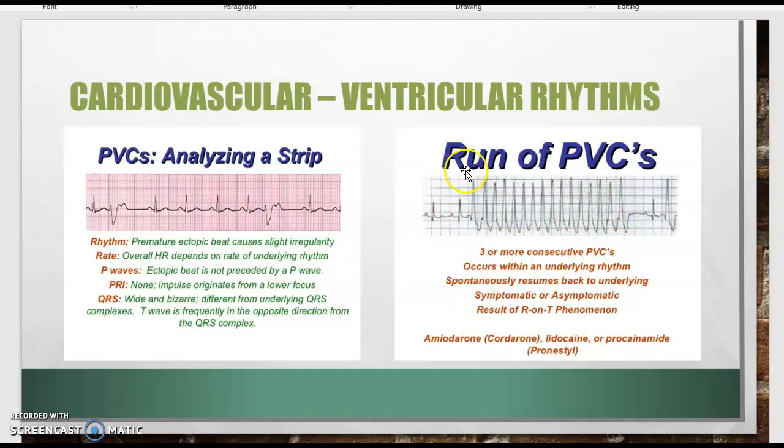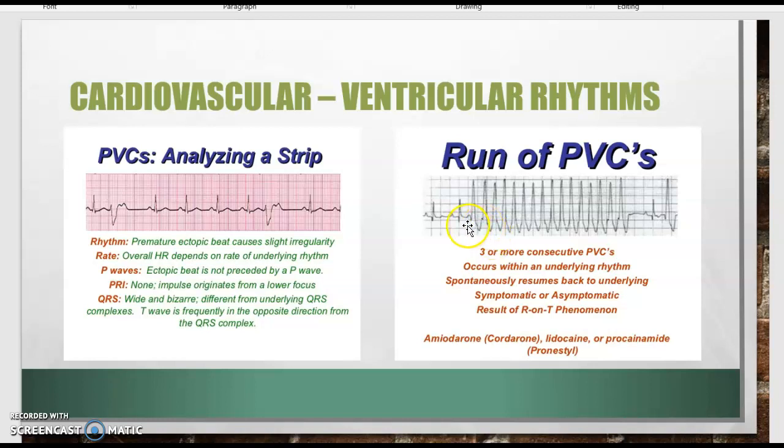Okay, so if I was looking at this, I would say I have 1, 2, 3, 4, 5, 6, 7, 8, 9, 10, 11, 12, 13, 14, 15, 16. So if I was going to call the doctor and tell him what is going on, I am going to say that my patient had a 16 beat run of V-tach.